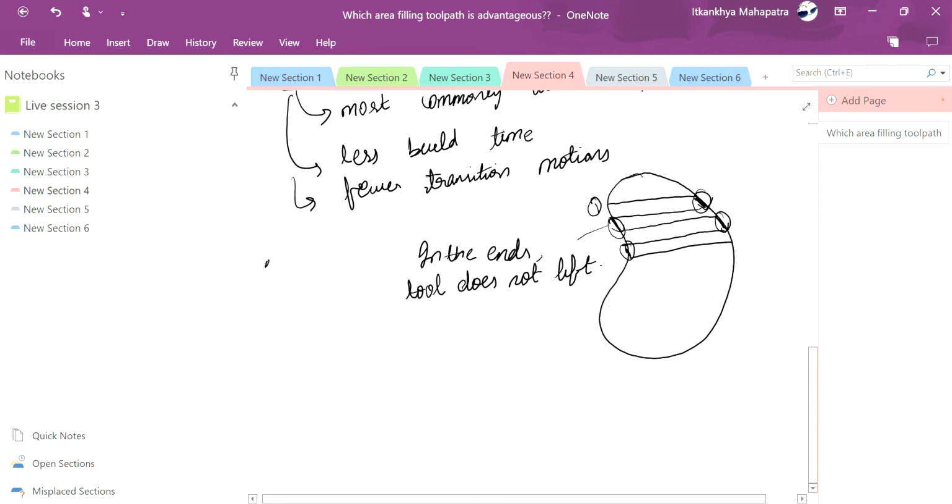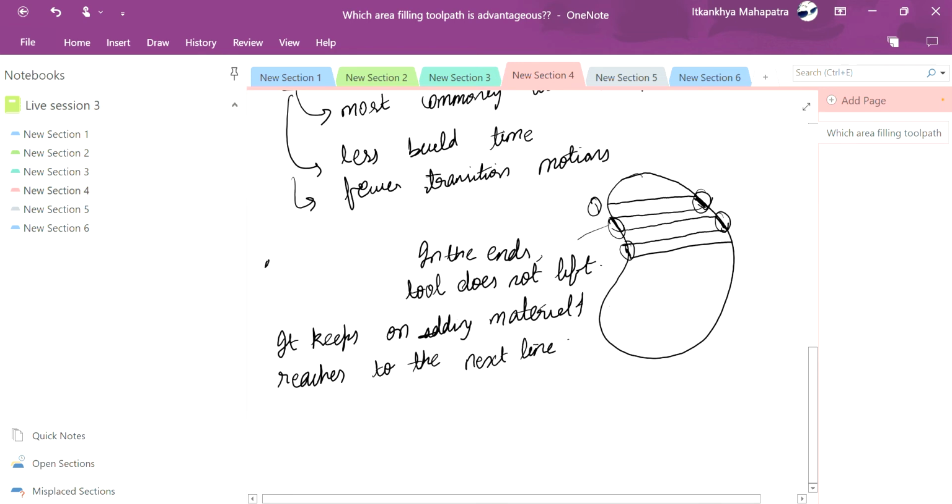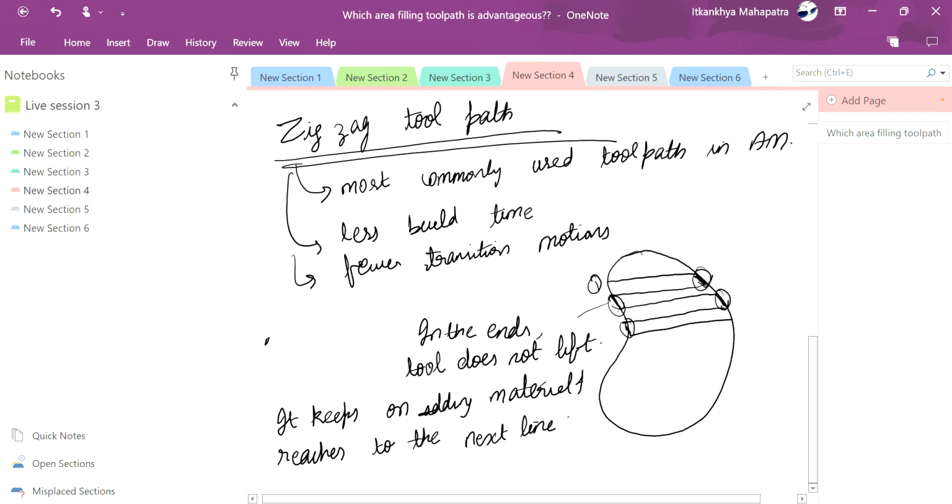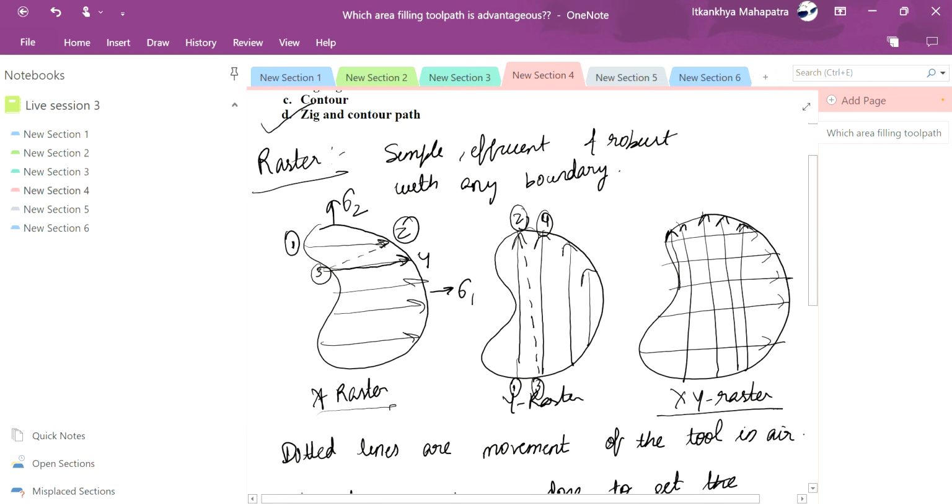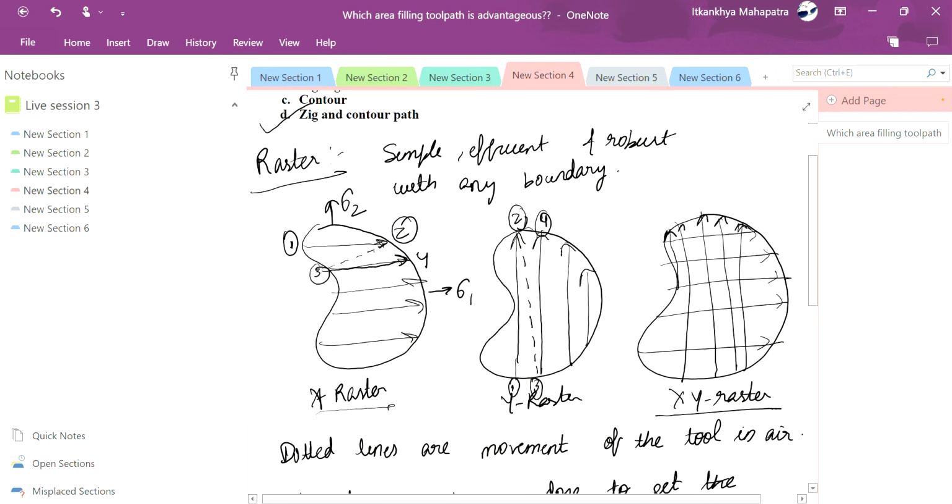It keeps on adding material and reaches the next line. This is the difference: in the zigzag path the tool does not lift and keeps on adding material and reaches the next line, while in the raster path the tool lifted, it was in the air from 2 to 3 and it did not add material.